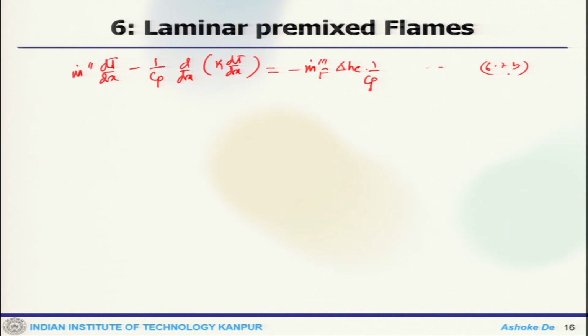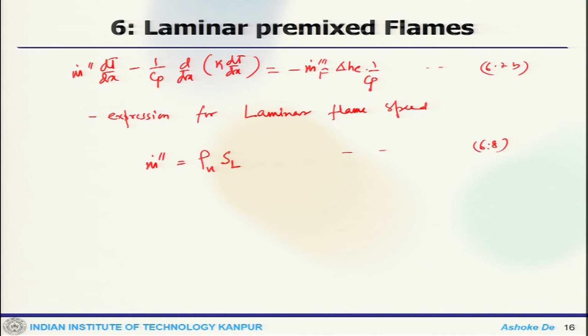Now, the whole idea here, or rather the objective, is to find an expression for laminar flame speed. That is what we want to do. One can relate the mass flux m dot as m dot equals rho u SL.